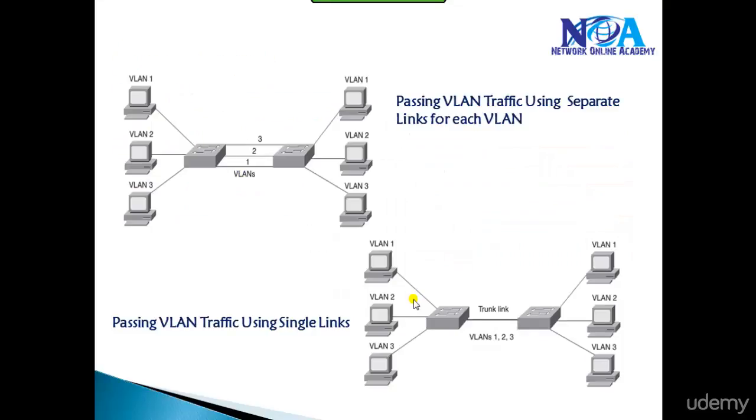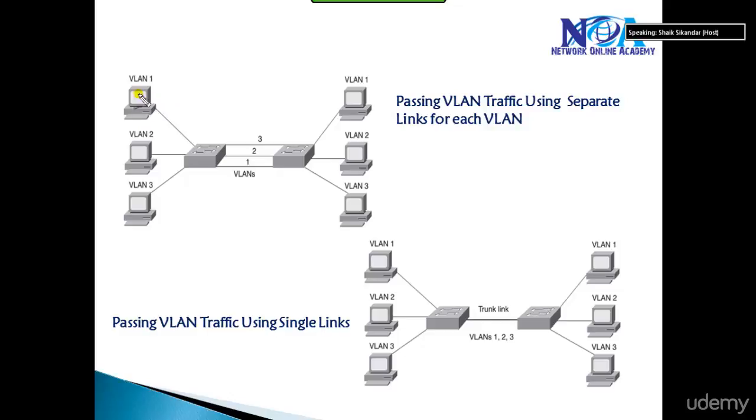Now in order to forward the traffic of the same VLAN users from one switch to another, there is one solution we can use. We can pass the traffic using separate links for each and every VLAN. That is one possible solution we can think about.